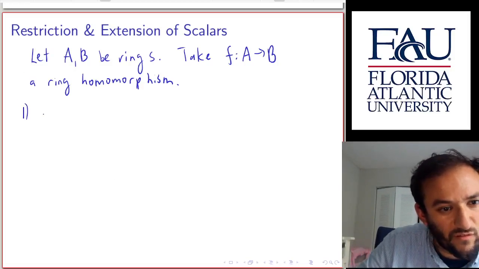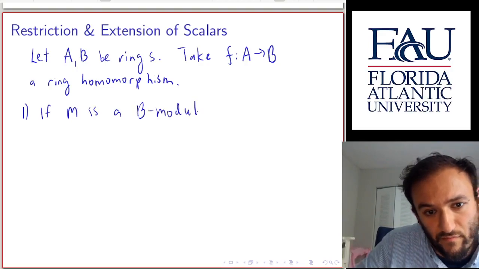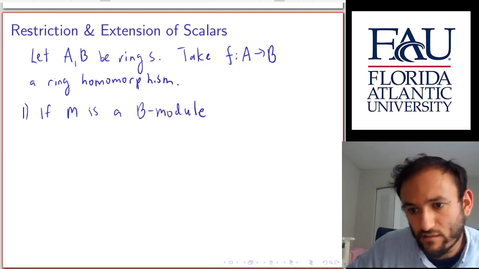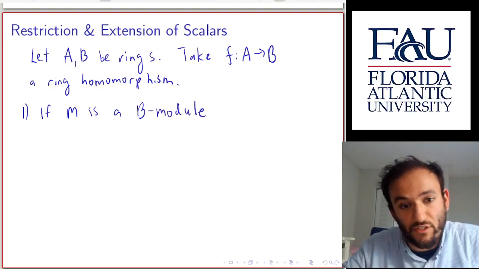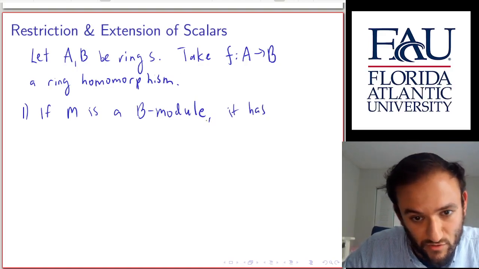Okay, if M is a B module, it's not hard at all to give it the structure of an A module, so we just need a way to multiply elements of A. So it has an A module structure.